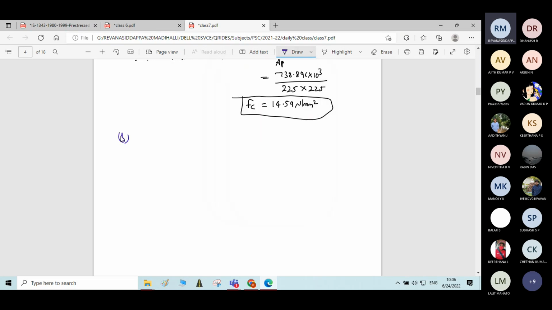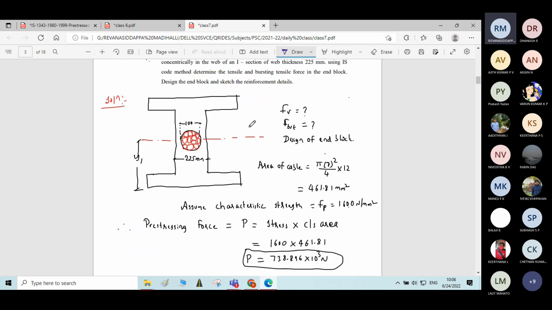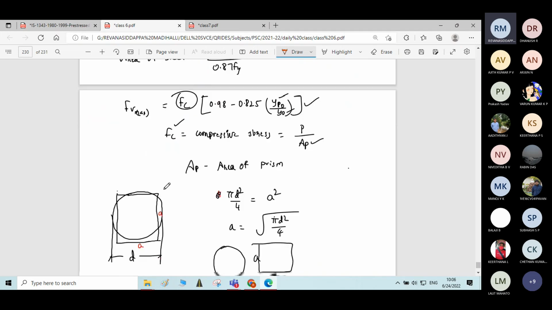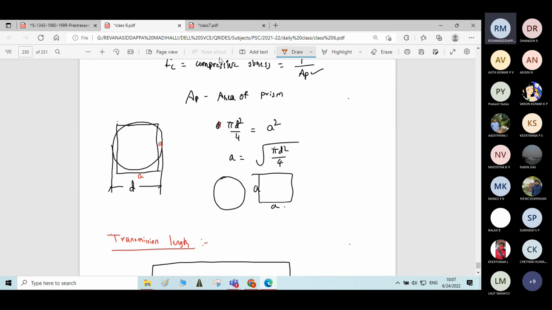the Freyssinet cable has a circular cross section, correct? As I explained in the introductory class, if a circular section is given, we need to find an equivalent square section.